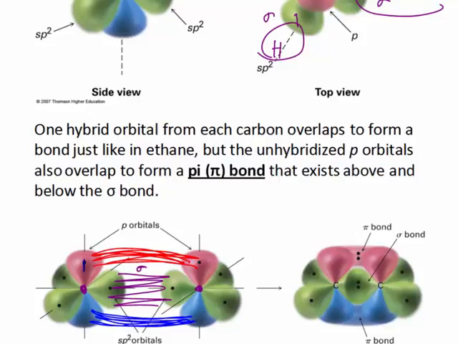That's what this dot is showing right here. Let's just make that into an arrow. So 1 up, 1 down, 1 up, 1 down. These 4 electrons right here are the 4 electrons that make up the double bond, right? So that means that this double bond consists of 1 sigma bond and 1 pi bond.